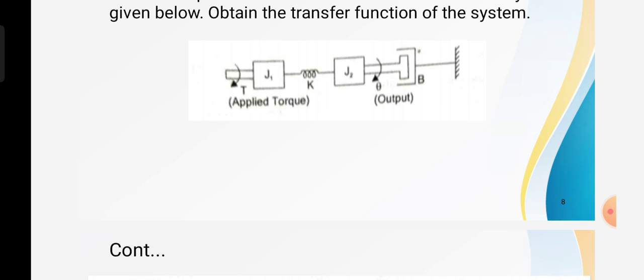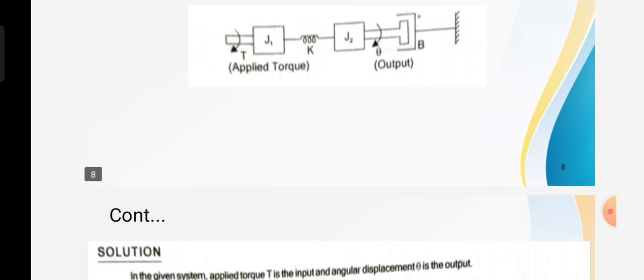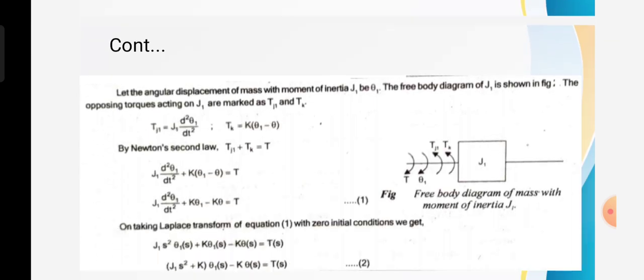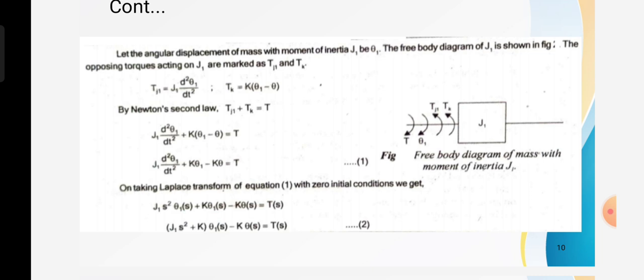So when the applied torque is applied to J1, the opposing torques are due to the moment of inertia, Tj1, and Tk. By Newton's law, the sum of applied torque is equal to the sum of opposing torque.